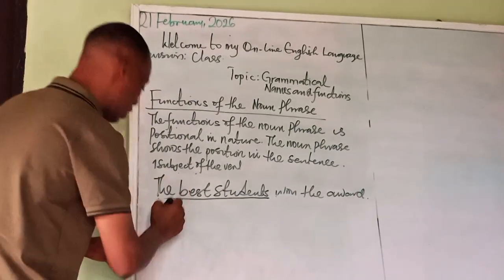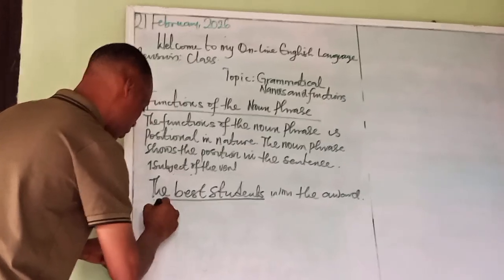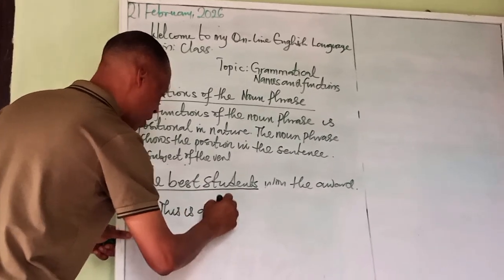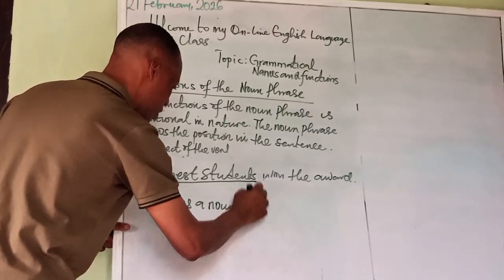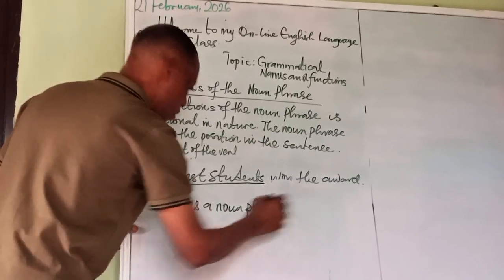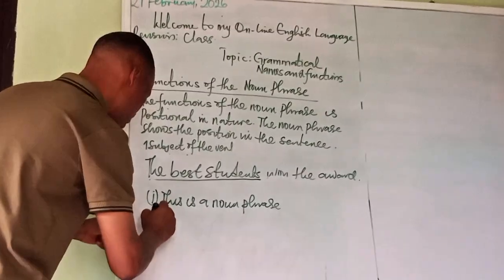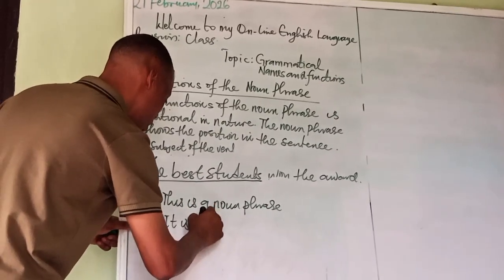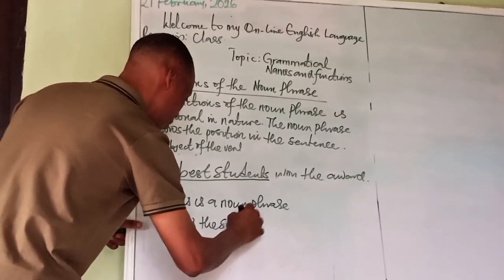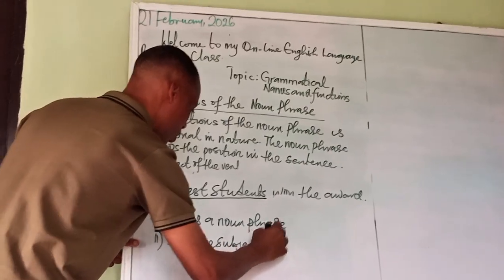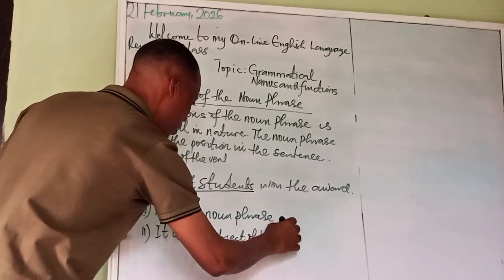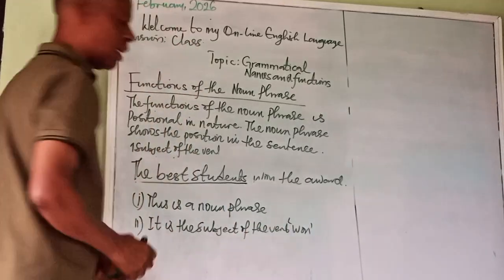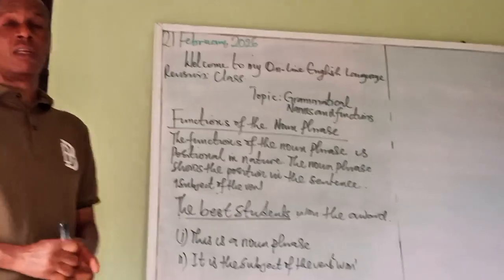Your answer is: one, this is a noun phrase, and two, it is the subject of the verb won.